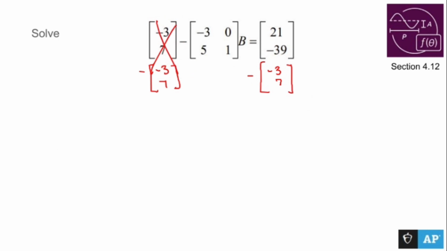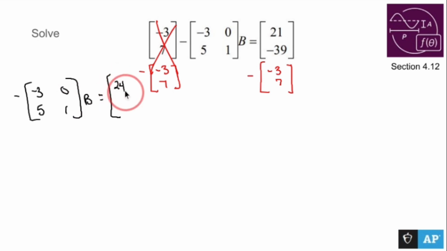Now what I'm left with, and I'm going to need all the space I can, is negative 3, 0, 5, 1 times matrix B is going to equal 21 minus negative 3, which is 21 plus 3, which is 24, and negative 39 minus 7, which is negative 46.